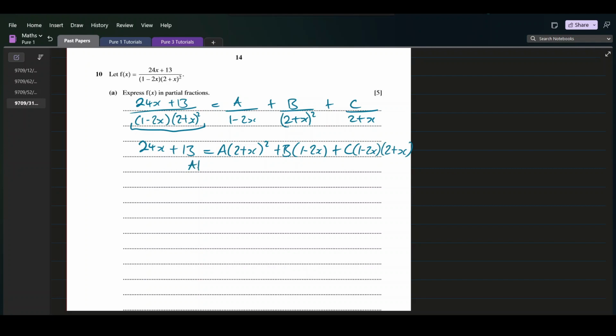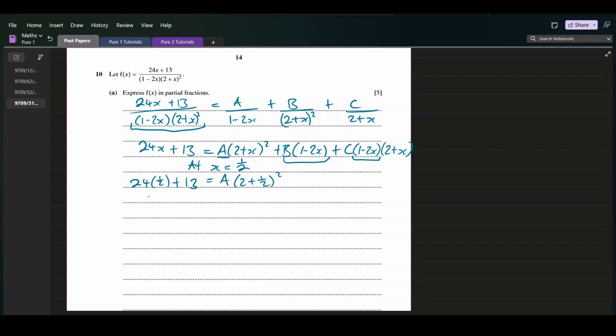So let's start by substituting x with, we'll do x is equal to half, which will allow us to evaluate A, since it will make this bracket equal to 0 and then this bracket equal to 0. So this would become 24 times half plus 13 is equal to A times 2 plus half squared.